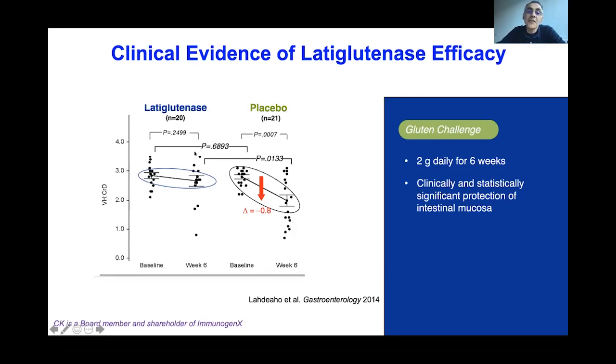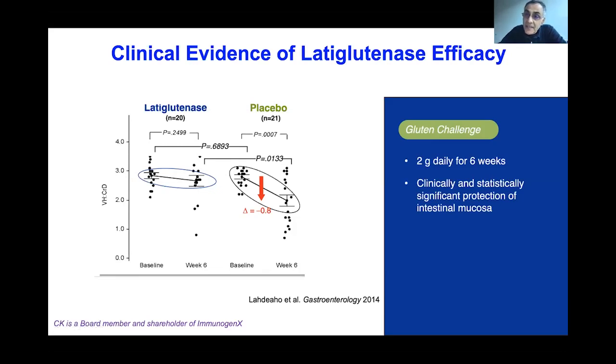What you can see is that while the patients who were challenged with gluten in the presence of placebo, this number dropped very significantly, the number was relatively stable in patients who were treated with ladiglutenase, suggesting that this drug did have clinical efficacy.